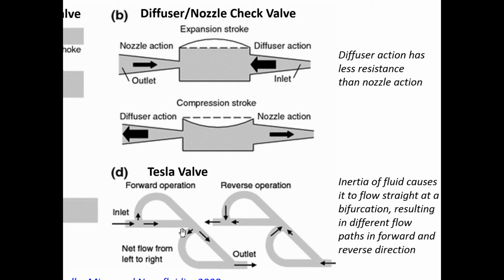One of the nice things about the check valves that I showed you earlier is that they completely seal. These things don't completely seal; they partially seal. Well, they actually don't seal at all. They just offer different flow resistances in different directions, so you can still get a pumping motion. But these are not true valves. They're not true one-way valves.